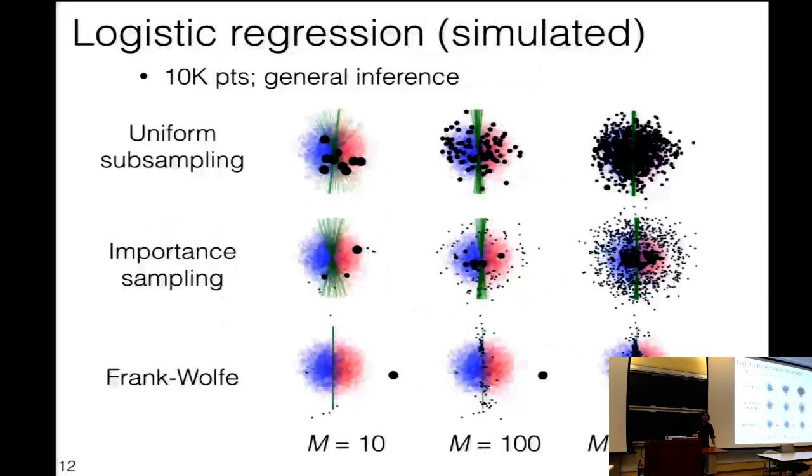Okay, so let's go back to this logistic regression problem that we saw before. These first two rows are exactly what we saw before. Nothing has changed. And now we're running Frank-Wolfe. A couple of things to notice. One, the error here, the noise that we get over 50 different runs, is less than the noise over 50 different runs for m equals 1,000. So that's desirable. The other thing that I think is really interesting is look at the geometry of this problem.